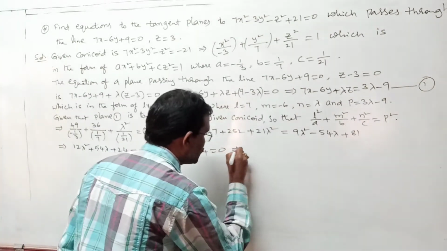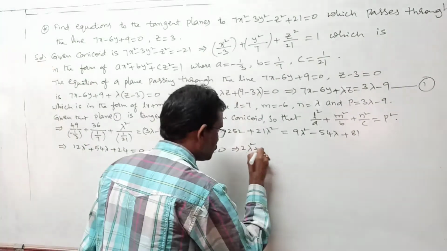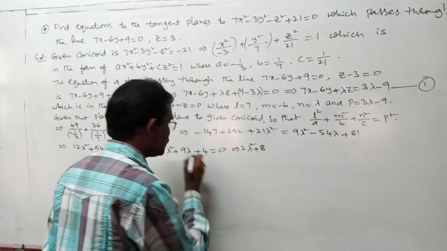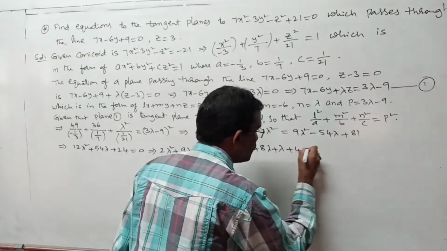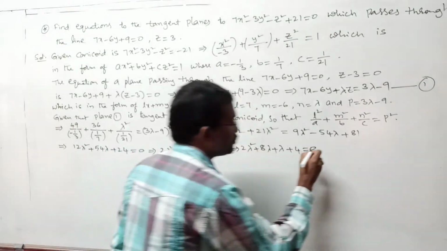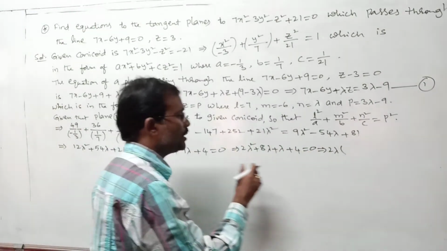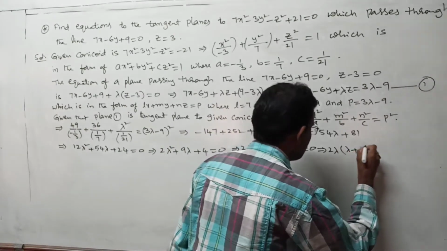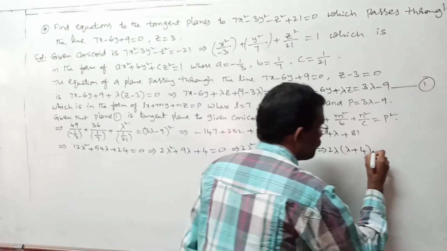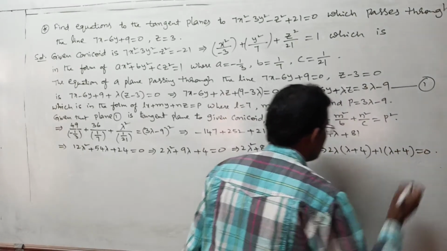This implies 2 lambda square plus 8 lambda plus lambda plus 4 equal to 0. In the first two terms take 2 lambda common, it is lambda plus 4. In the next two terms take 1 common, it is lambda plus 4 equal to 0.